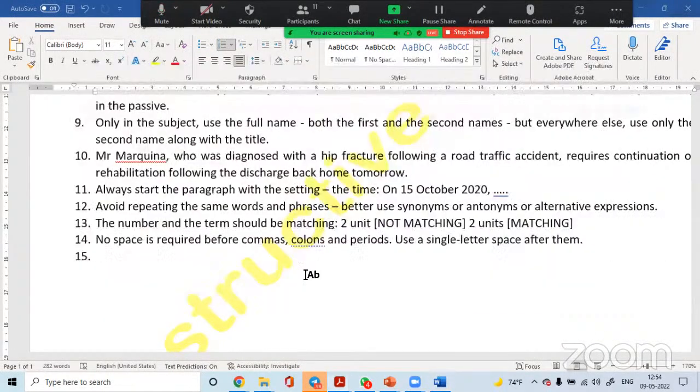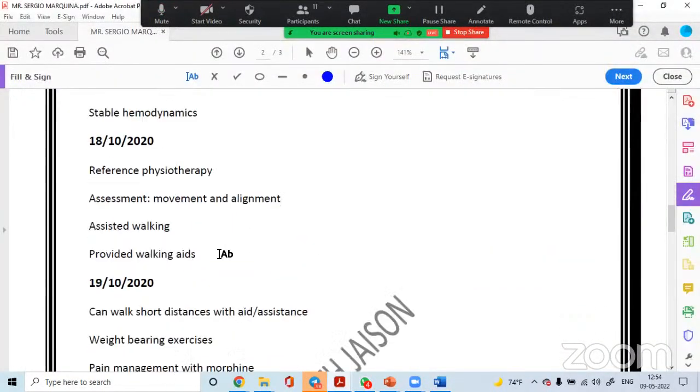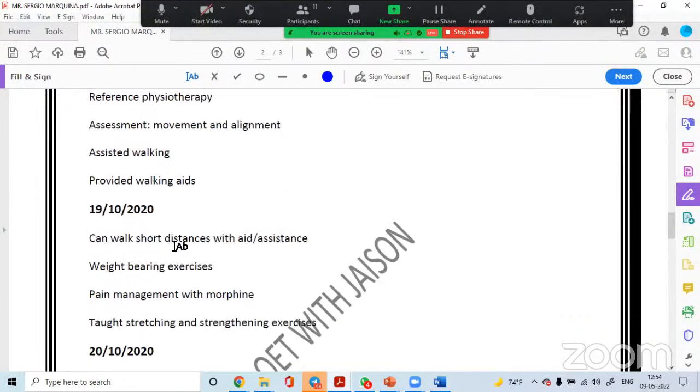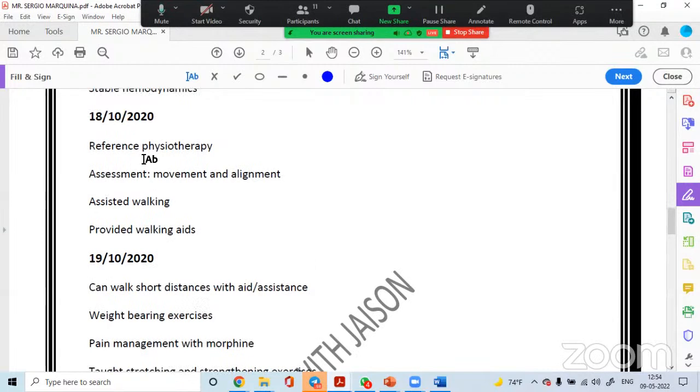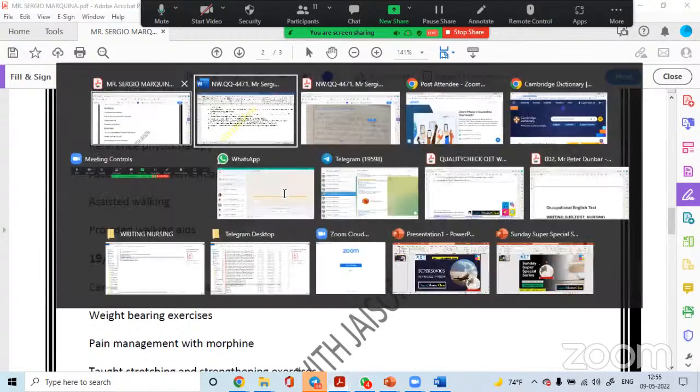Okay. Let us see. Reference physiotherapist. Movement and alignment. Provided walking aids. Assessment, movement and alignment were assessed. Okay. On 18, not on subsequent days, on the subsequent day.